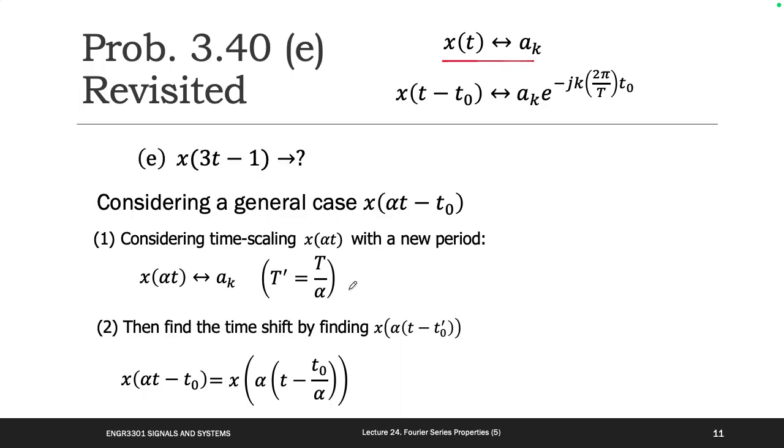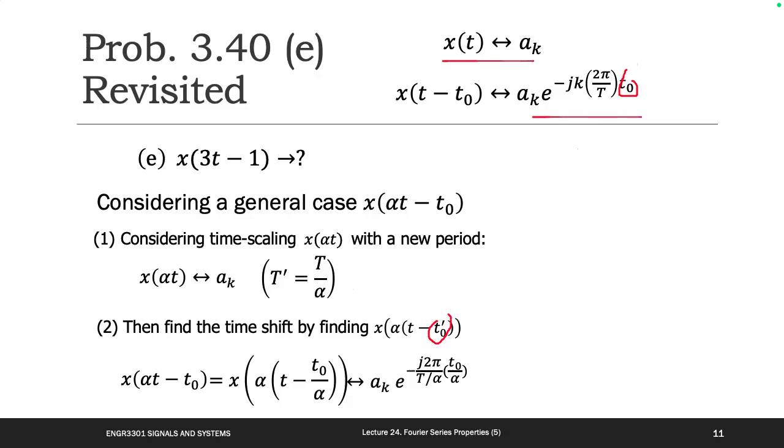Then you can use the FS shifting property. Am I right? What's your new FS coefficient? You use this one, which means for your t now, you need to use this part.